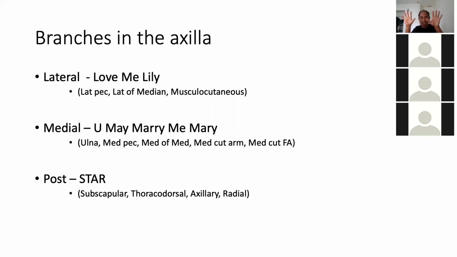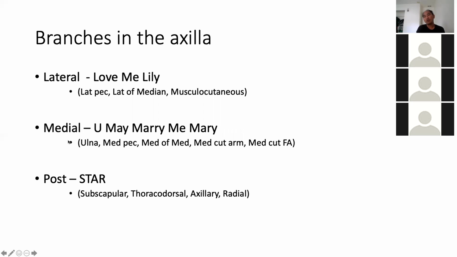We need to have a foundation so that for the rest of your career, your education, you at least know the mnemonics of the branches or individual peripheral nerves coming from the brachial plexus. The last part of the brachial plexus before they become individual nerves is the cord, isn't it?